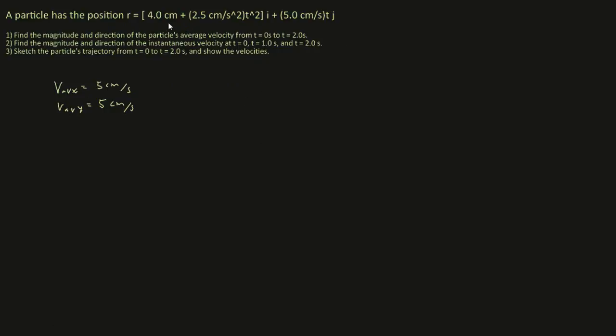So I just want to rewrite this equation again, and the way that I like to write it would be not vector r of t.